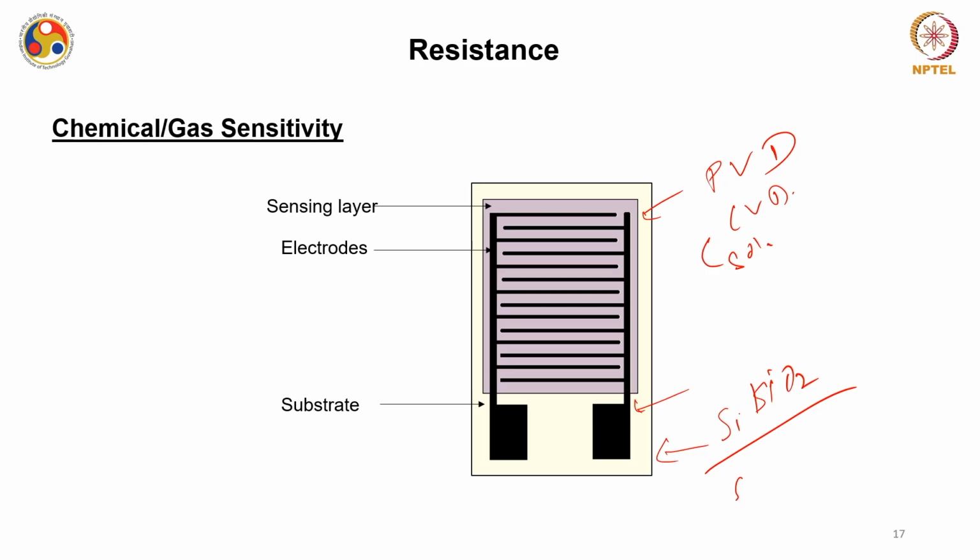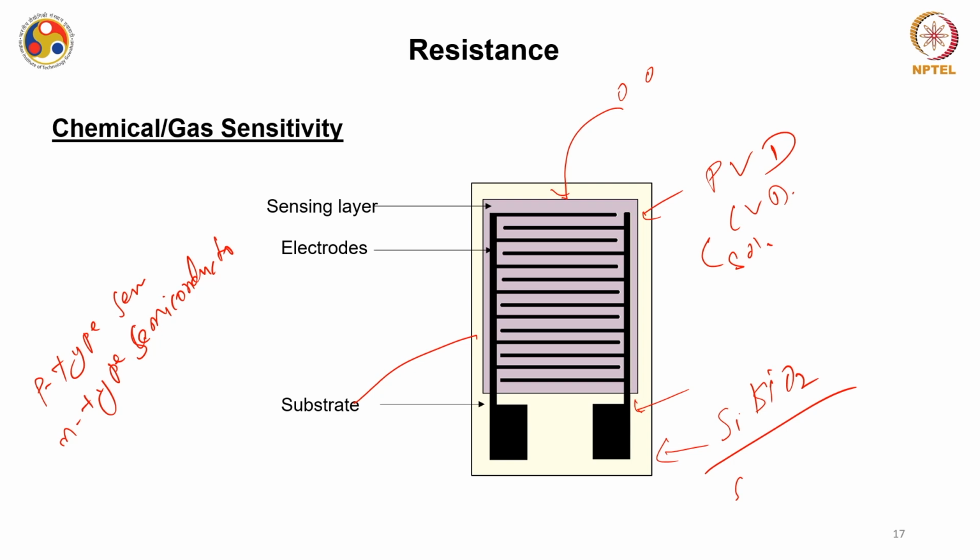Now these gas molecules will come and interact with the receptor material. Mostly these receptor materials are either p-type semiconductors or n-type semiconductors.